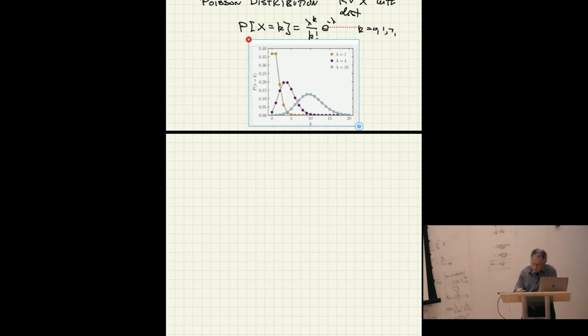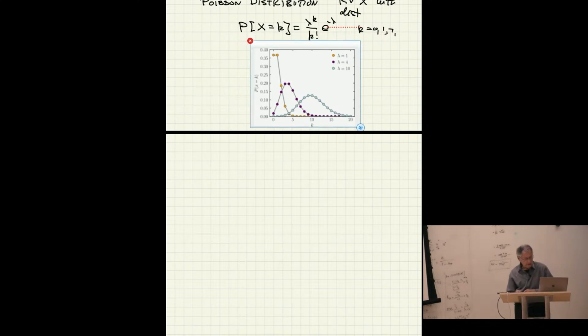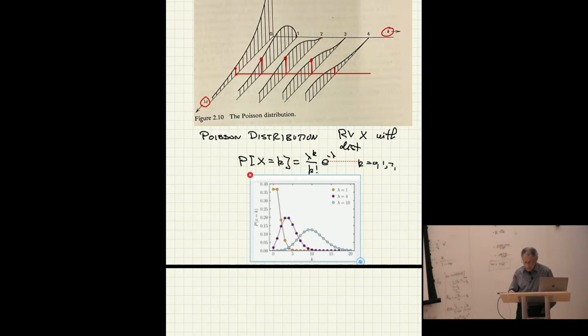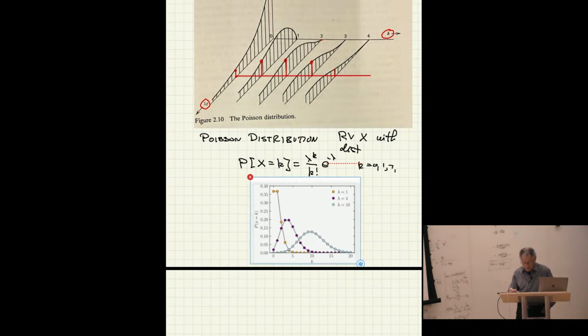Sorry, it's not as big as it could be, but there's an example of the Poisson distribution for various values of lambda. In other words, it's taken this red line I drew and taken different time slices. So you see for a small lambda, you get this black curve, the solid black with the orange dots.